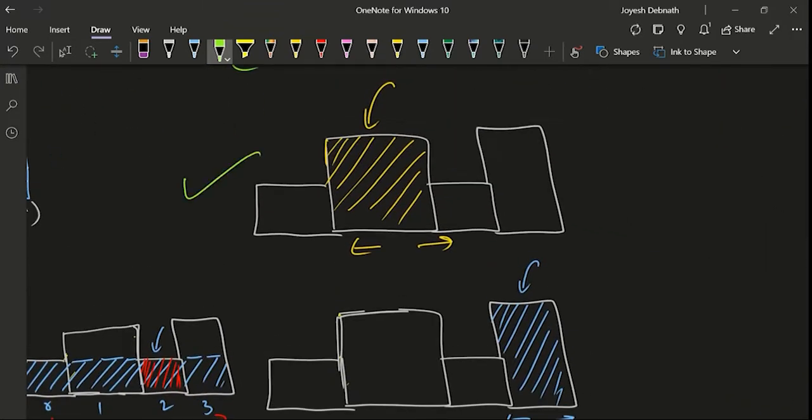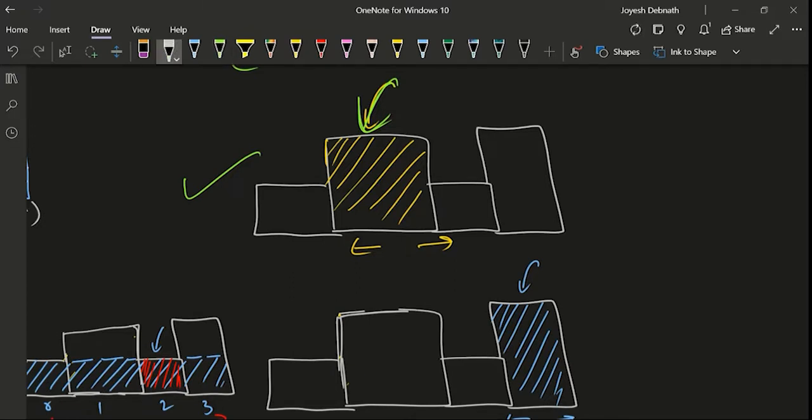If I consider this particular example where there are four blocks of different heights, and I consider this particular block, then we have to first determine how this particular block is contributing to the area.